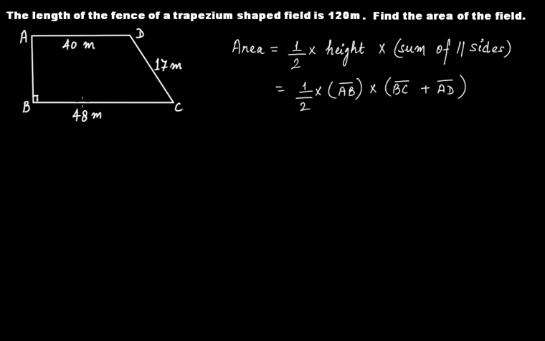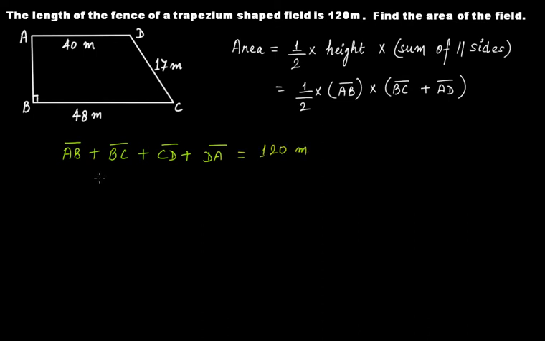Fence means what? The boundary. So the length of the boundary is actually 120 meter. It means that length of AB plus length of BC plus length of CD plus length of DA is equal to 120 meter.